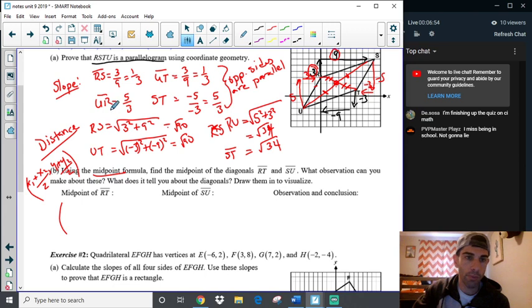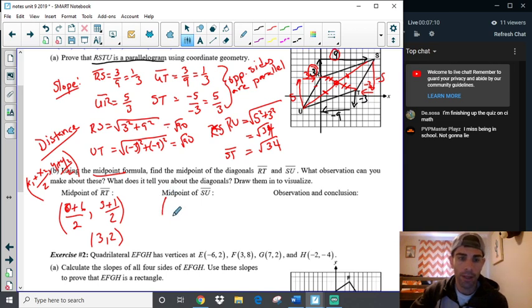So if you're going to use point R and point T, I would have 0 plus 6, divided by 2, and we have 3 plus 1 divided by 2, and then that midpoint ends up being 3, 2. Now the same thing if I'm going to use point S and point U, which would be 9 and negative 3 for my x values, and I would be using 6 plus negative 2 divided by 2.